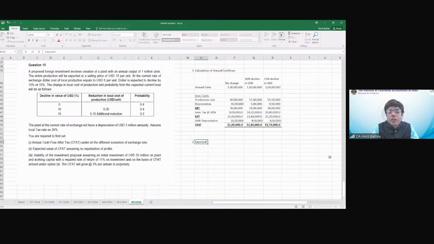Okay. Expected value of CFAT. वो कैसे मिलेगा मुझे? For the 3 options, how will I multiply that? I have to say this will be nothing but CFAT under the 3 options into the probabilities, right?